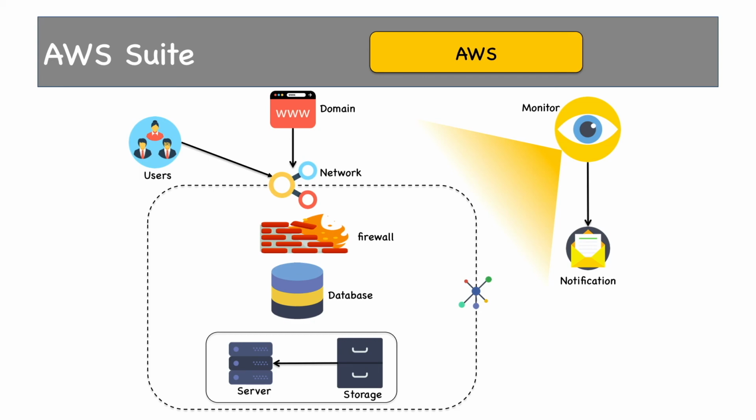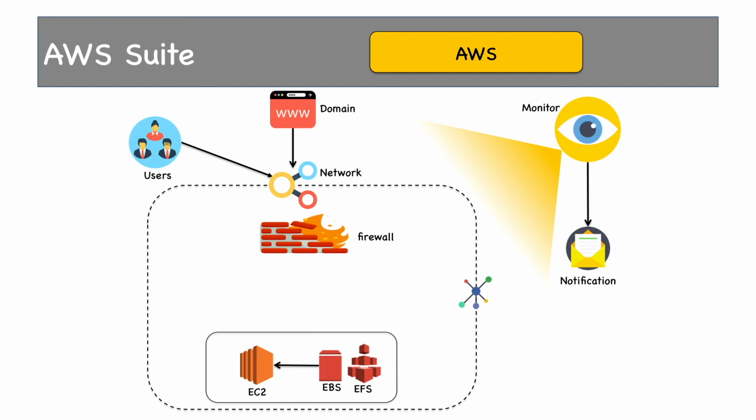Now let's see AWS, how you map AWS services here. So instead of a server, we use EC2 instances, right? AWS's EC2 service. So instead of storage, you can use multiple storage services like EBS, EFS, etc. and attach those things to your EC2 instances.